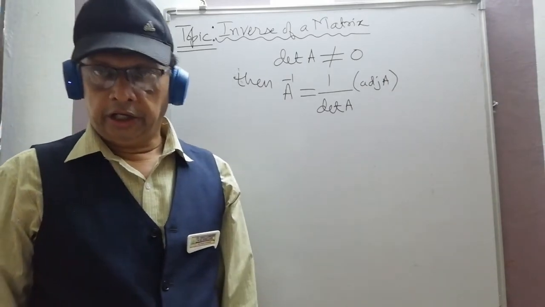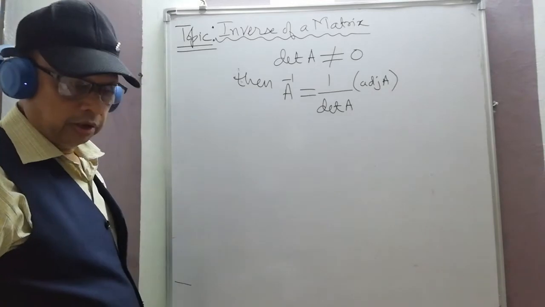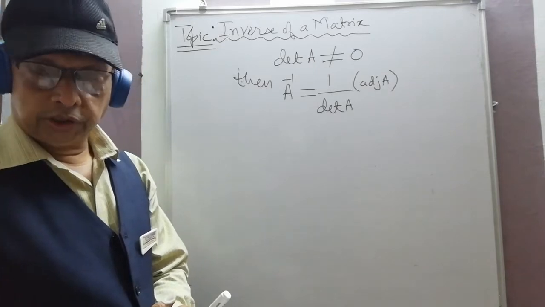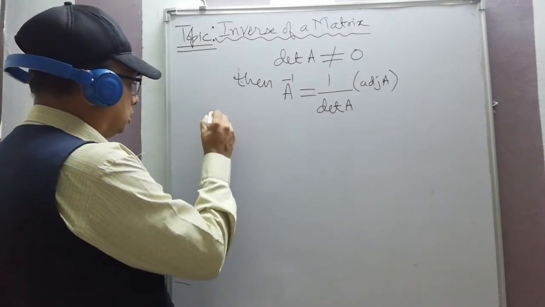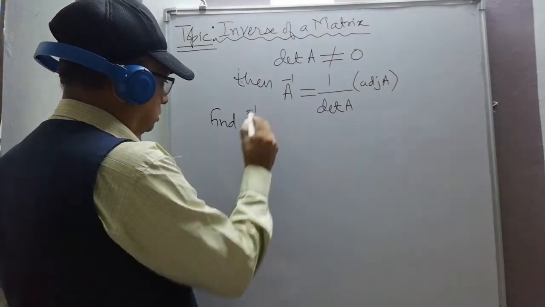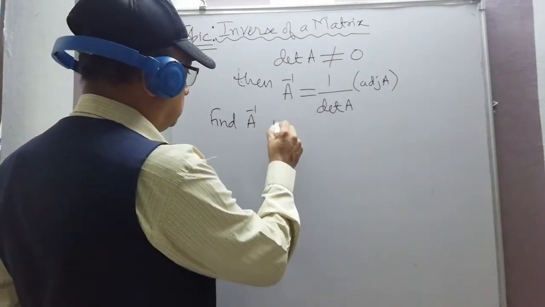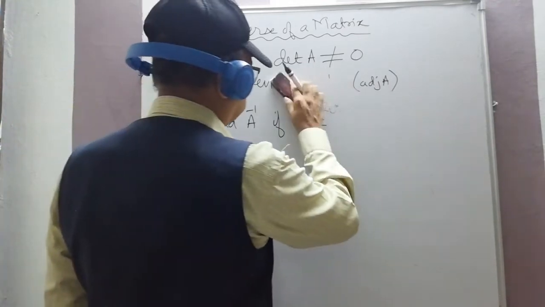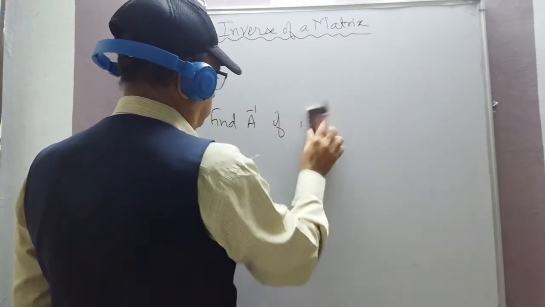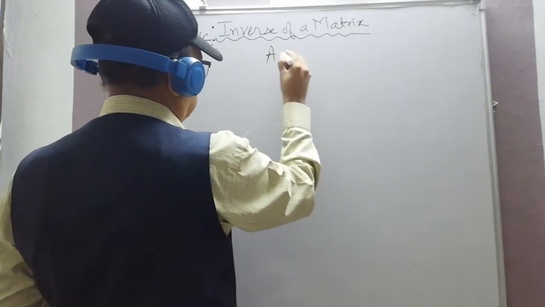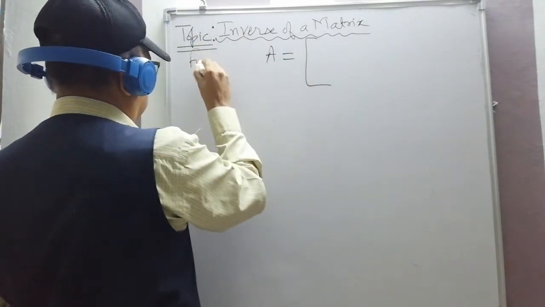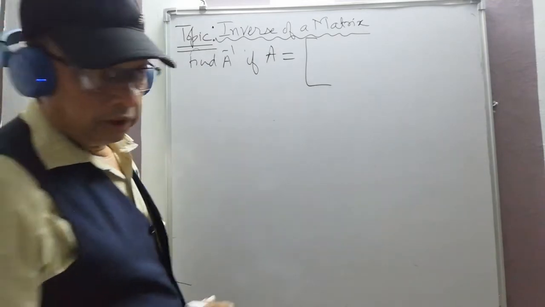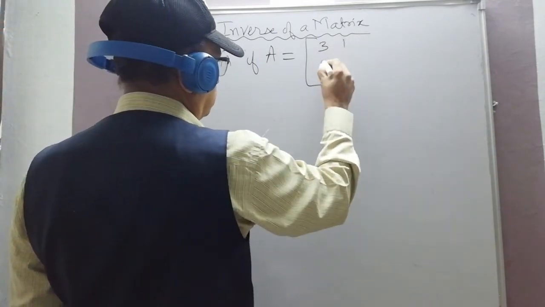How will you find the A inverse? So write a question based on it. For example, I am taking a matrix of order 2 by 2 first. Find A inverse if A equals to, I am writing the matrix, 3 1 and 4 2.